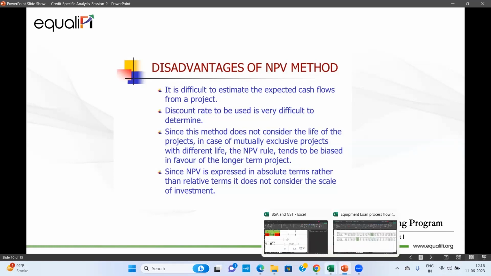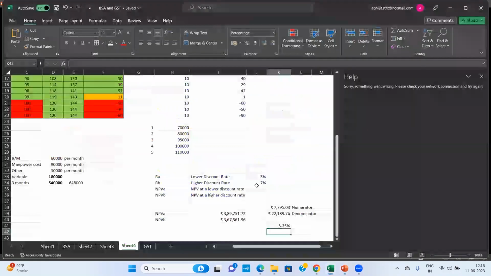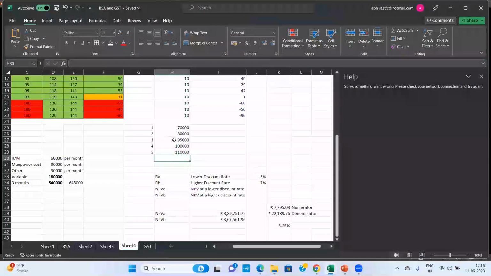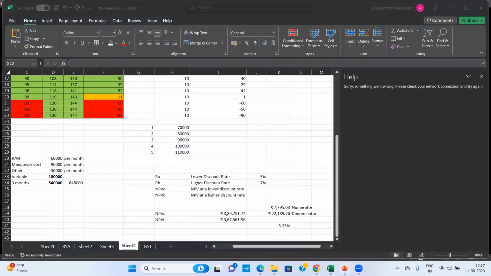It is because of more cash flows, higher cash flows. If this continues for 15 years, then obviously my present value will be more because of the higher number of cash flows. That's it.